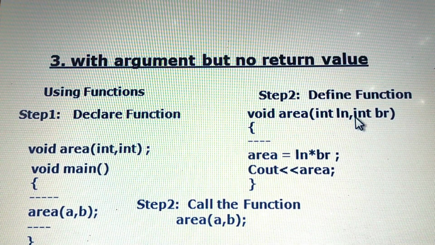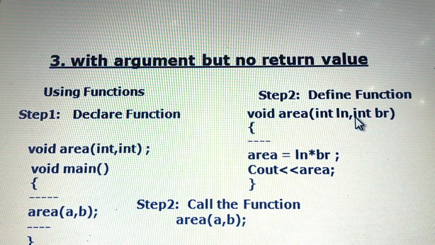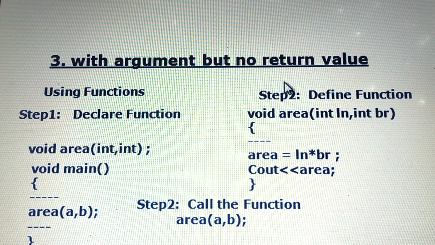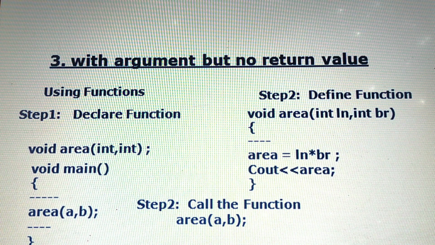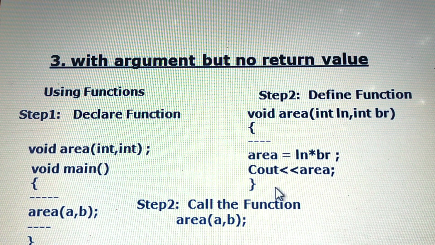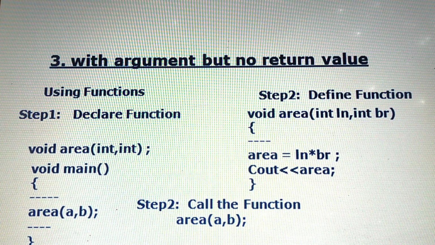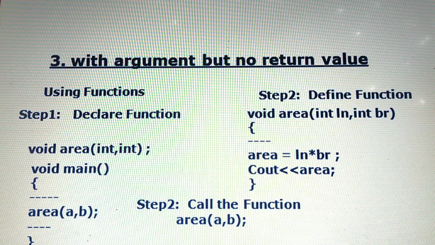These are called formal parameters. In the function definition, the list of parameters is called formal parameters. Then give the body of the function, the statements you want to perform. Here there is no return value, so no return statement. This is how we can implement the function type with argument and no return value in a program.